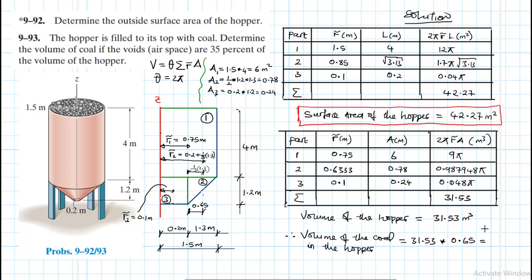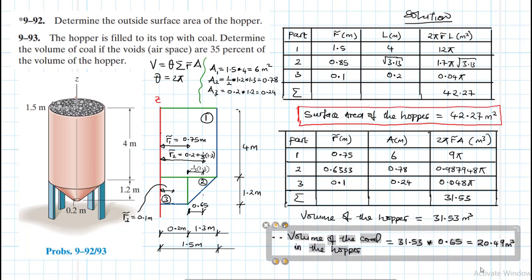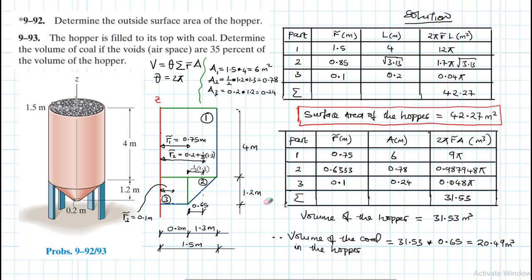When we do the multiplication, 31.53 by 0.65, we get 20.49 cubic meters. So that is the final solution for this particular problem.